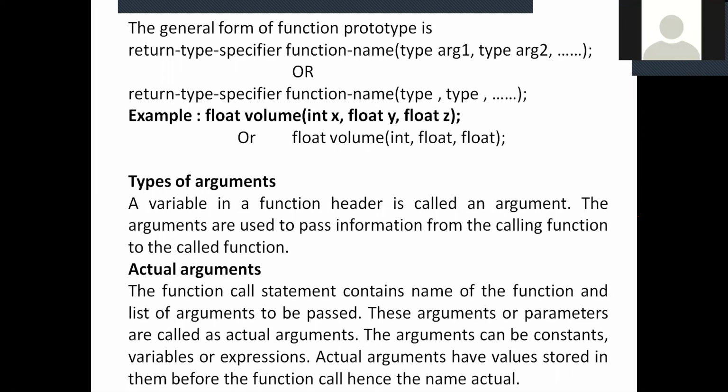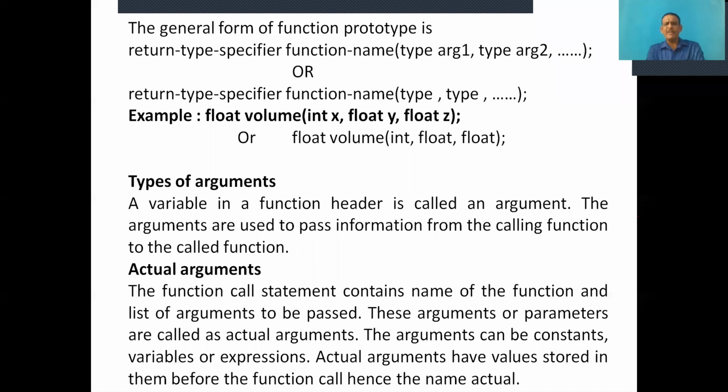Next, we'll study the arguments in detail now. There are different types of arguments available, because a variable in a function header is nothing but an argument. In the example we just studied, float volume(int x, float y, float z), we said that x, y, z are arguments.